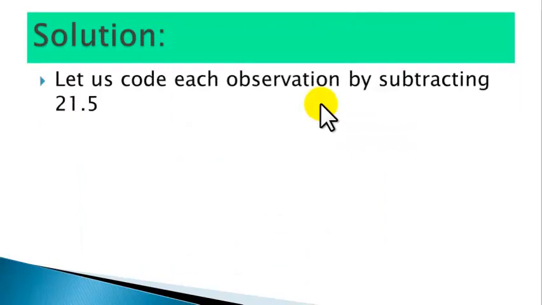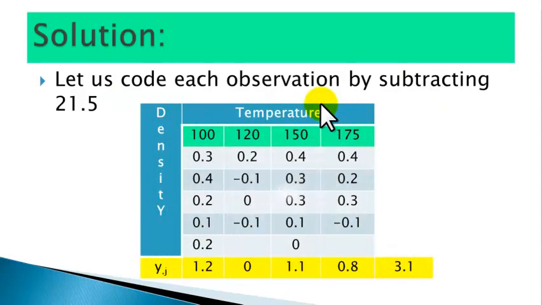Let us code each observation by subtracting 21.5. So if we subtract 21.5 from each of the observations, this will be the result.